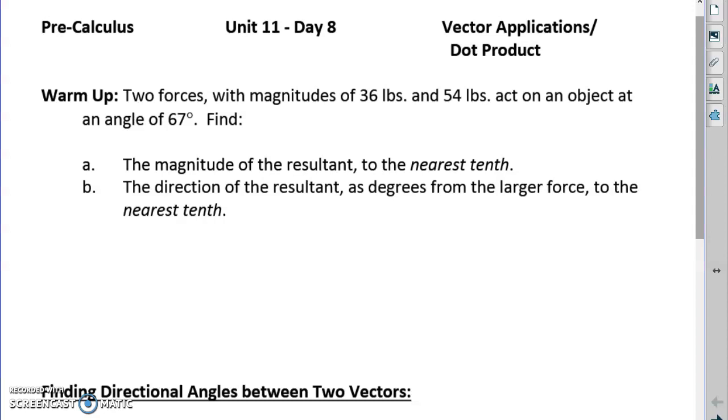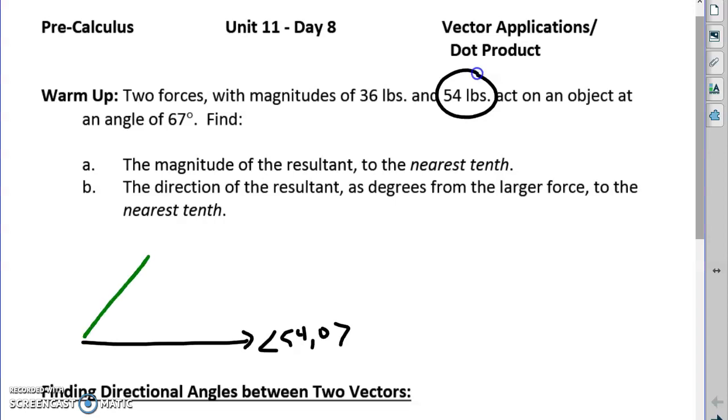Two forces, magnitude of 36 and 54, act on an object at an angle of 67 degrees. Again, I'm going to make one of my vectors all horizontal, 54, 0. Only use the angle of 67 degrees on the other vector. Let's go black and green today. So the component form of this vector, that angle is 67 degrees.